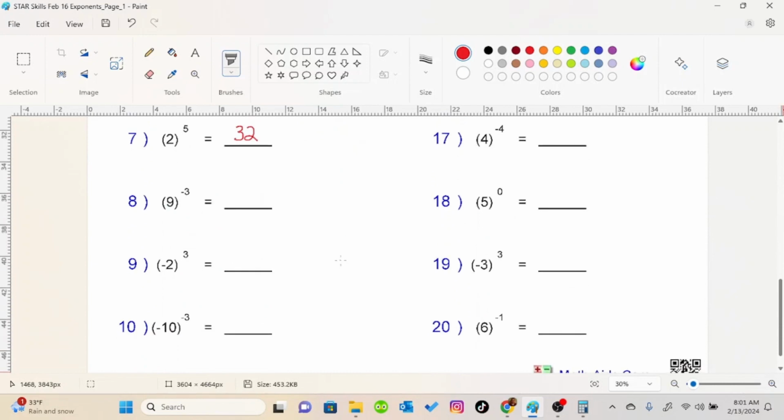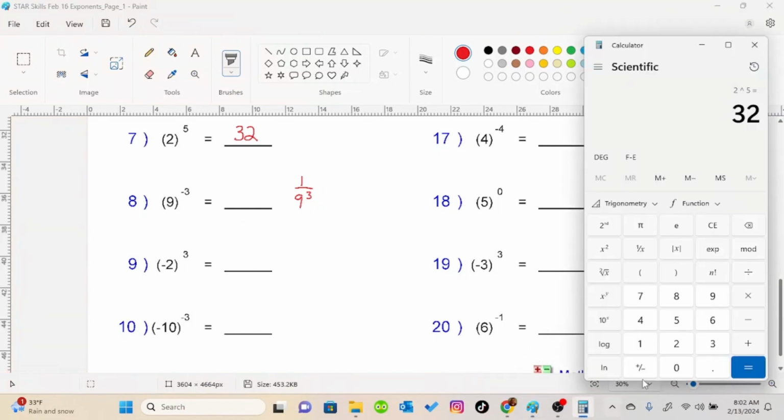Number 8, we have 9 to the power of negative 3. Remember that a negative power means 1 over. Now we have 9 cubed. The power of 3 is also called cubed.